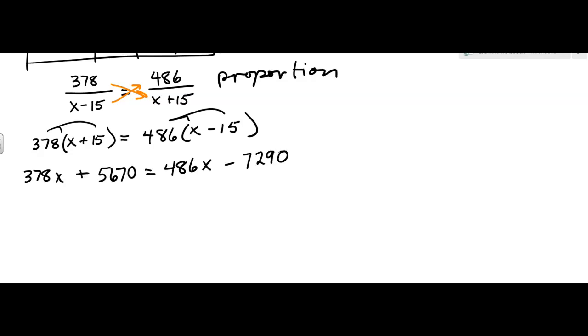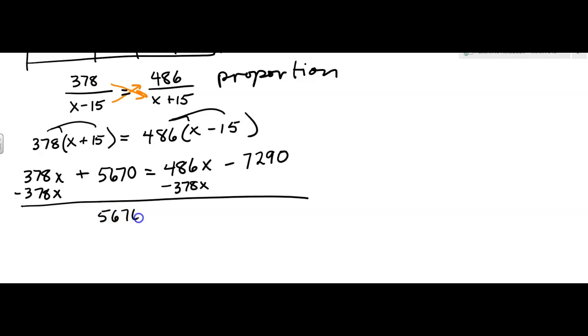All right, so I got to get x on one side, and I got to get the number on the other side. So I'm going to subtract 378x and subtract 378x. All right, we'll just do it in two steps. 5,670 equals, well, it's late in the day, so 486 minus 378, 108.